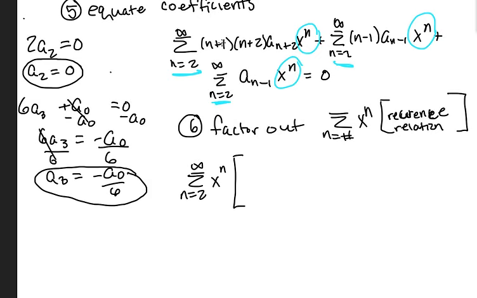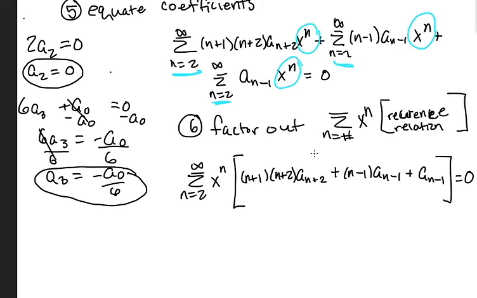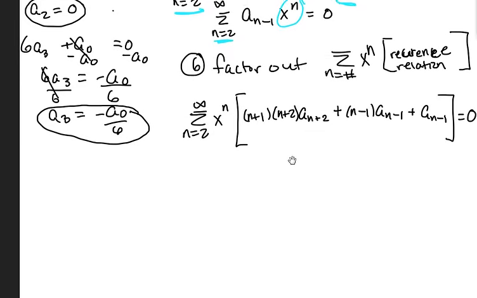So what's left in here, we have n plus 1, n plus 2, times a sub n plus 2, plus n minus 1 times a sub n minus 1, plus a sub n minus 1. This is all equal to 0. Okay, so what's in here is called our recurrence relation, and we're going to use this to solve.